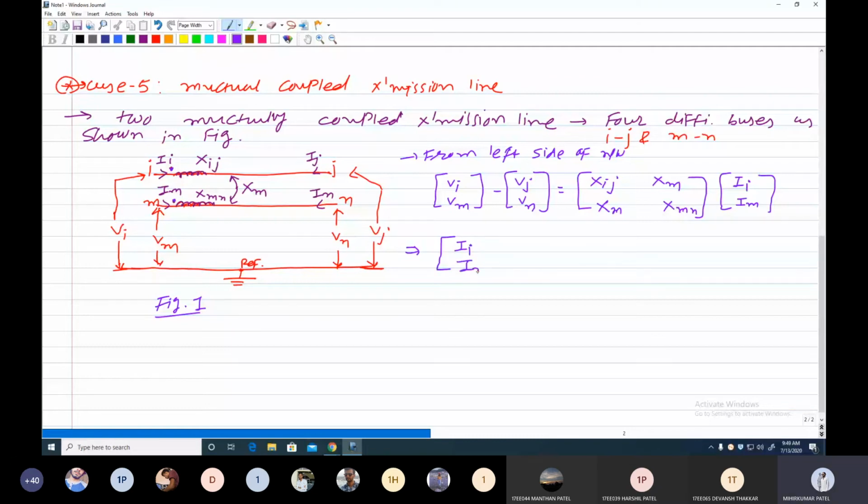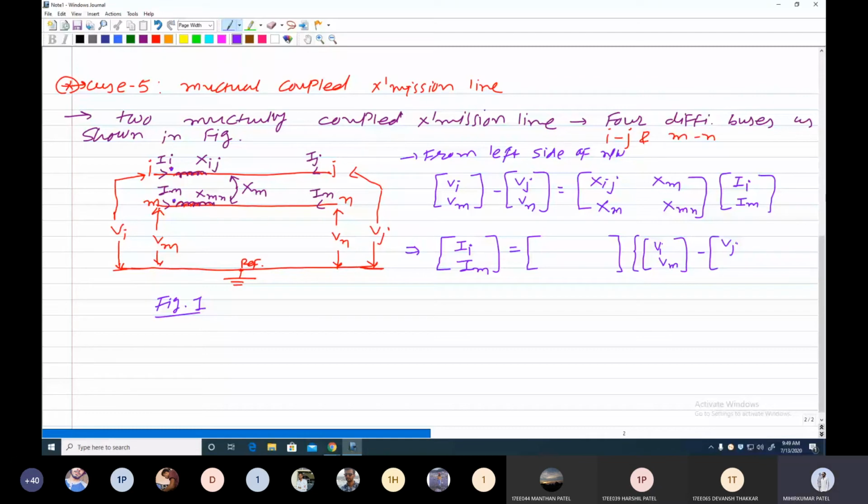So Ii, Im is equal to the admittance matrix times the voltage matrix, Vi minus Vj, Vm minus Vn.